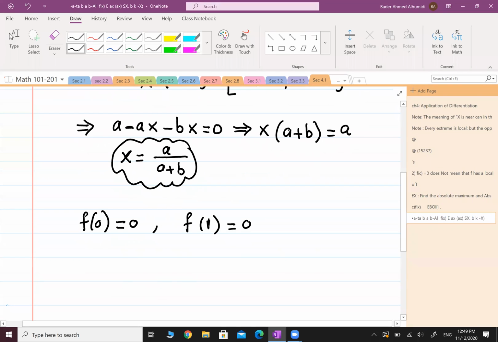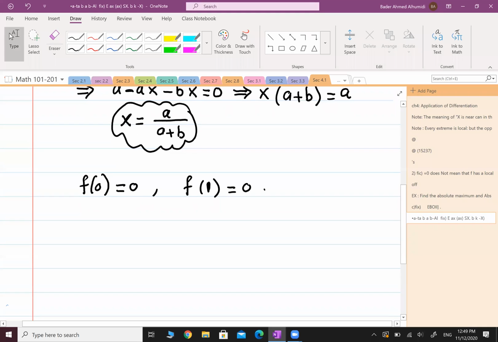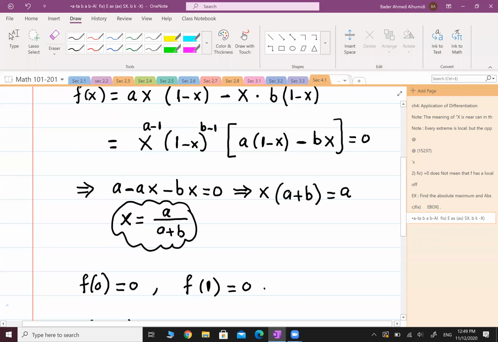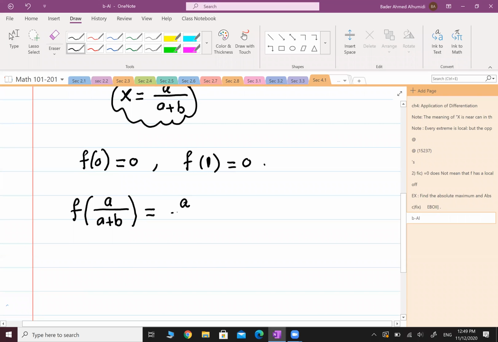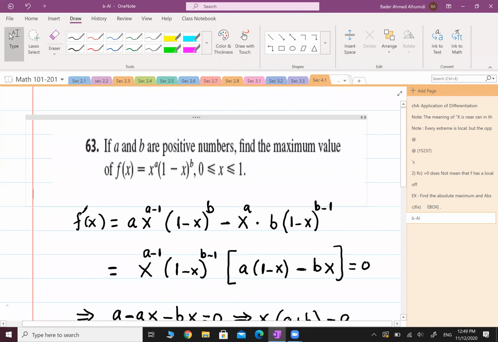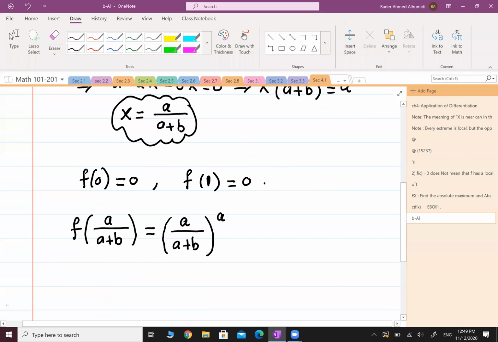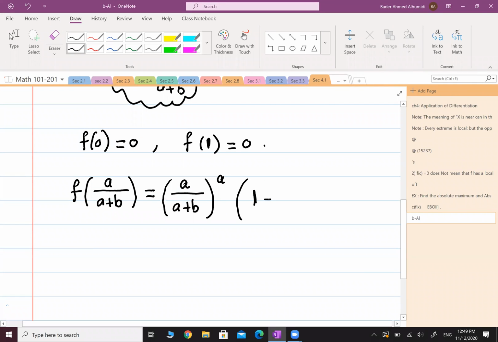So this is the absolute minimum. For the absolute maximum, I will substitute the critical number, f of a over a plus b. Substituting into the function, x to the power a becomes a over a plus b all to the power a. Then 1 minus x to the power b becomes 1 minus a over a plus b, all to the power b.